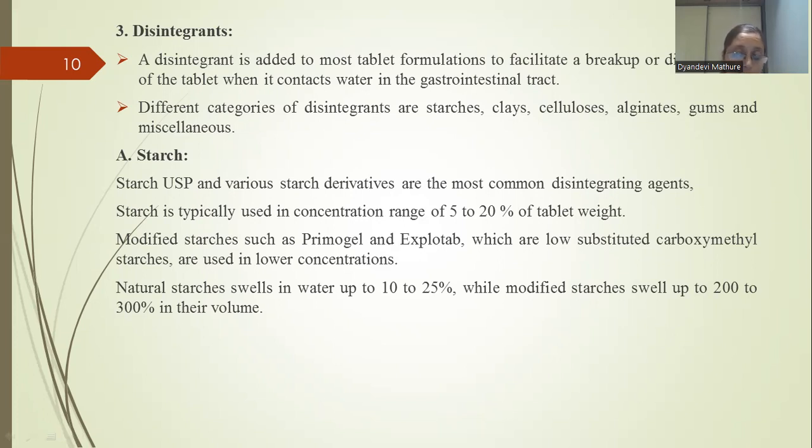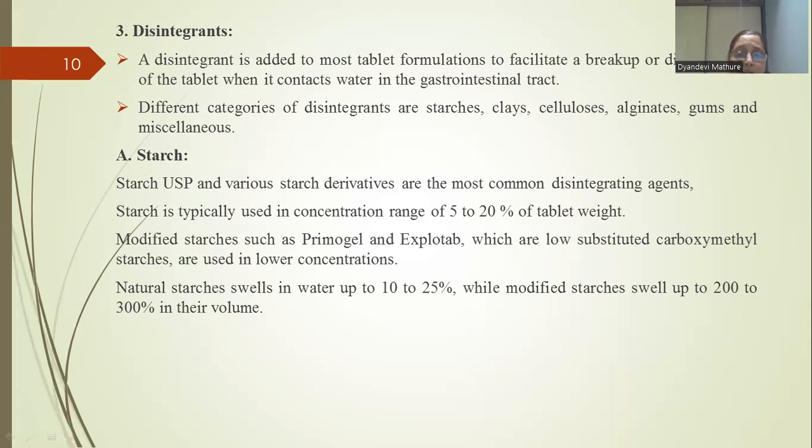So the drug needs to come out from those excipients and be released at the site of action. So disintegrant is very important in tablet formulation. Why? To facilitate breakup or disintegration of tablet when it comes in contact with water in your GIT, of course. Different categories of disintegrants include starch, cellulose, clays, alginate gums, and some miscellaneous disintegrants are also available.